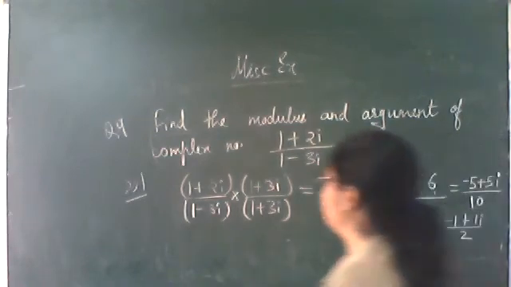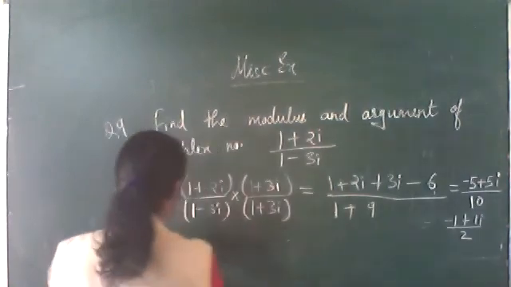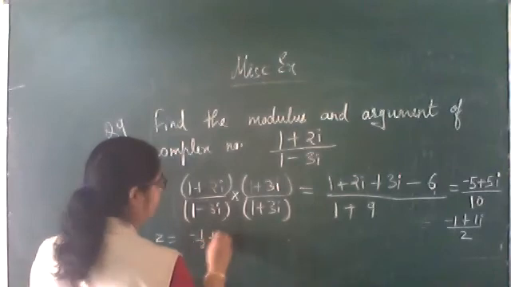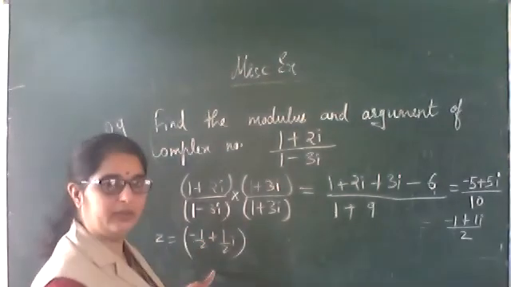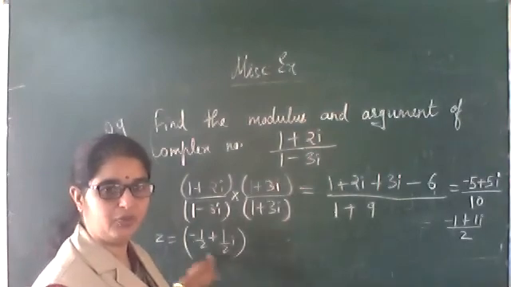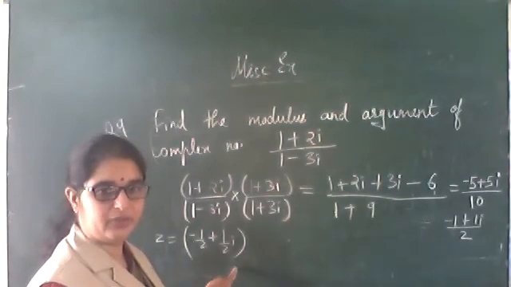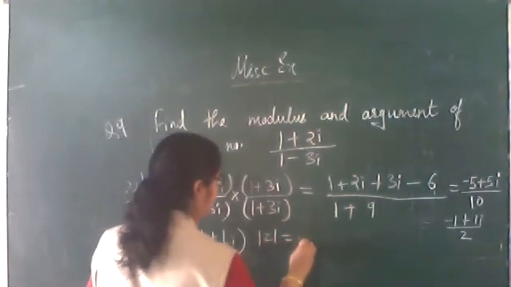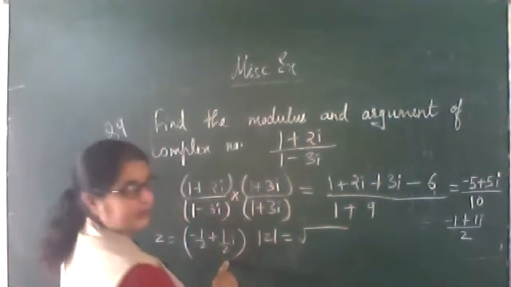Now it will be very easy to find the modulus. If z is equal to minus 1 by 2 plus 1 by 2 iota, this is your z. I have just separated the denominator: this is the real part, this will be your imaginary part. So modulus of z will be equal to under root of a square plus b square.